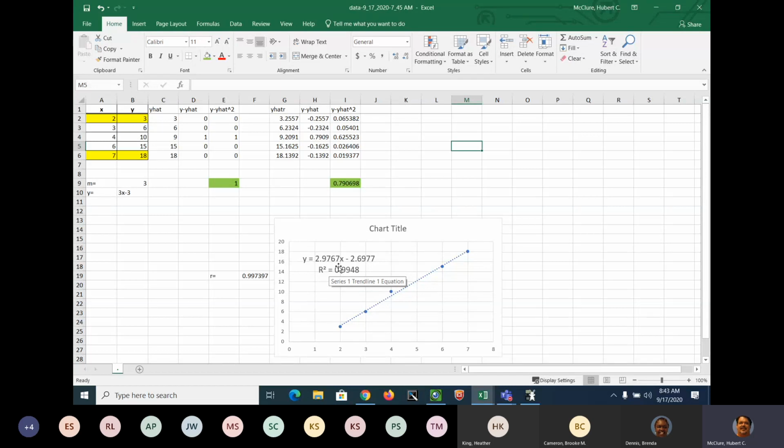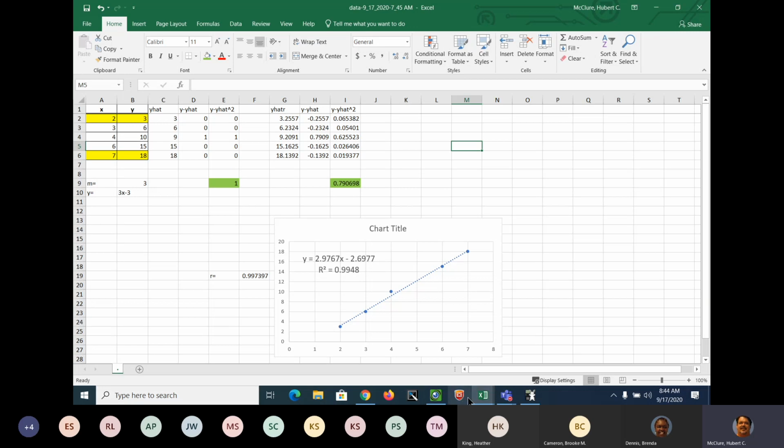So right now, I want everybody to write down your x terms, which are 2, 3, 4, 6, 7.